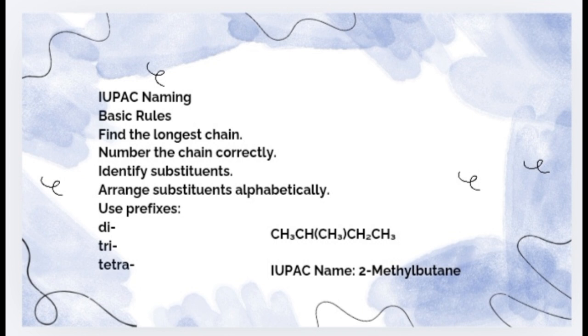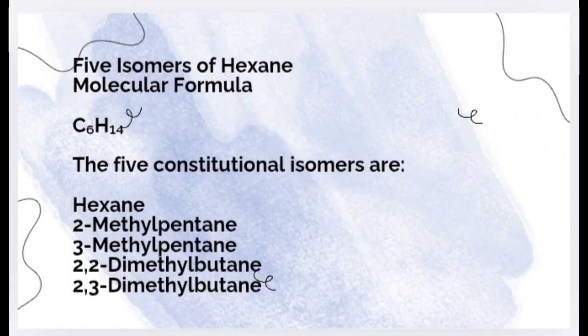Third, identify the substituents or branches, then arrange them alphabetically. If there are two or more identical branches, we use prefixes like di, tri, and tetra. In this example, the correct IUPAC name is 2-methylbutane. So let's proceed.